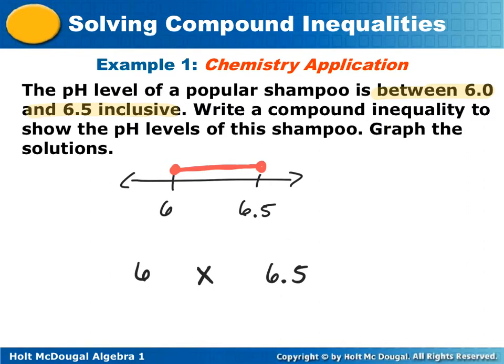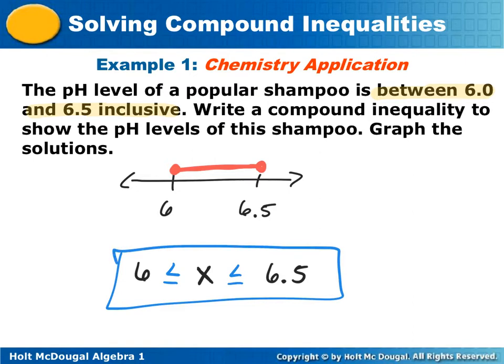That just means x has to be bigger than the bottom one, but smaller than the top. However, inclusive tells us what? The dots are closed. So what kind of inequalities will go here? Yeah, so it's 6 is less than or equal to x, and x is less than or equal to 6.5, giving you your final inequality.